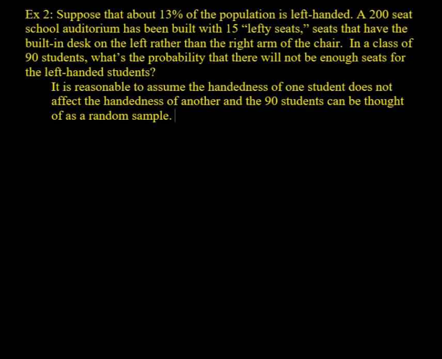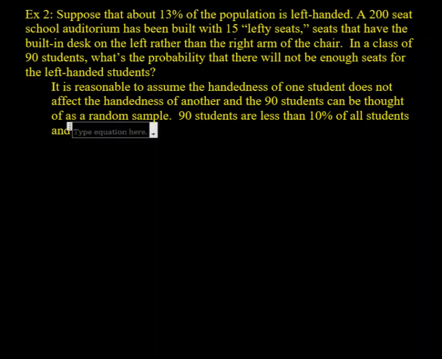Okay, 90 students are less than 10% of all students. 90 times 0.13 equals 11.7, the number of left-handers we'd expect.